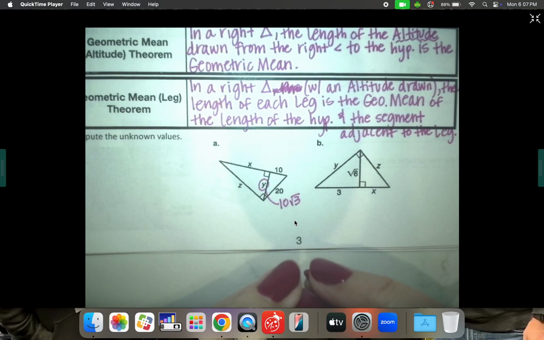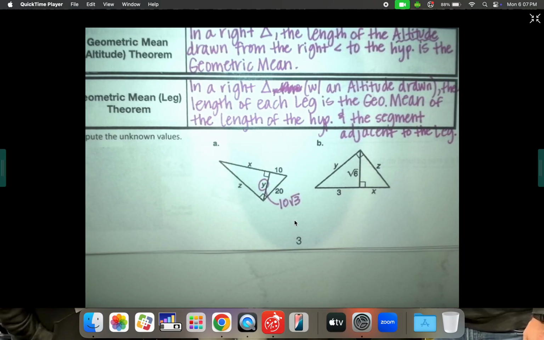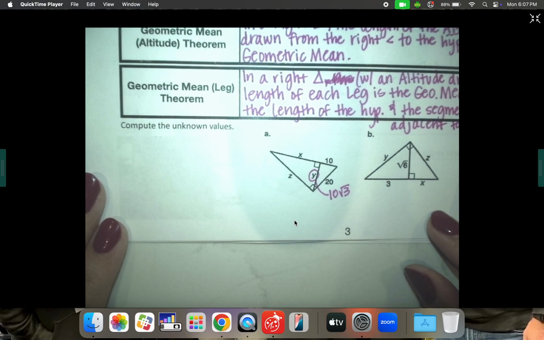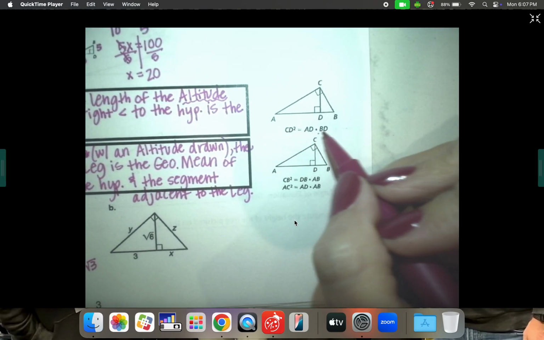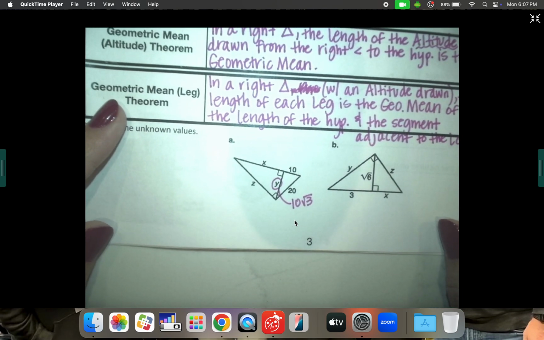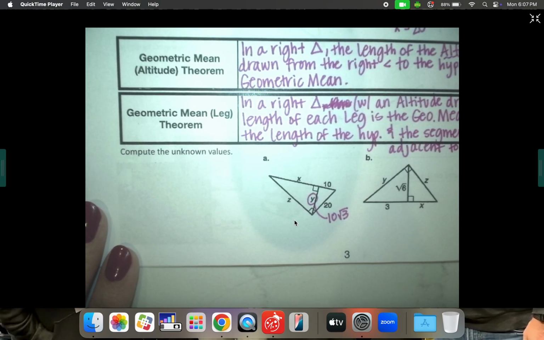Okay, let's separate them out because we're going to need to find what z and what x are too. So here's what I would do. Let's set it up as hypotenuse over short leg.